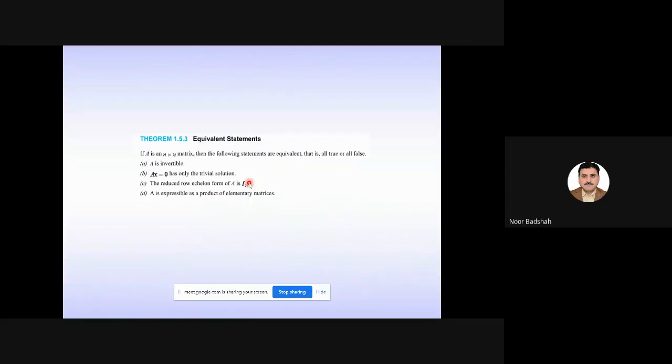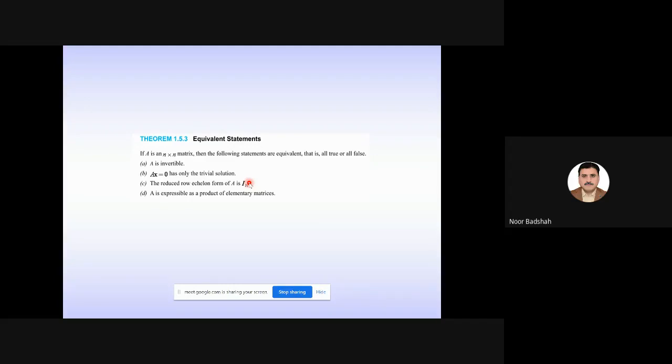Is it right? So these are some equivalent statements. If A is an n cross n matrix, then the following statements are equivalent. That is, all true or all false. A is invertible if Ax equal to 0 has only trivial solution.